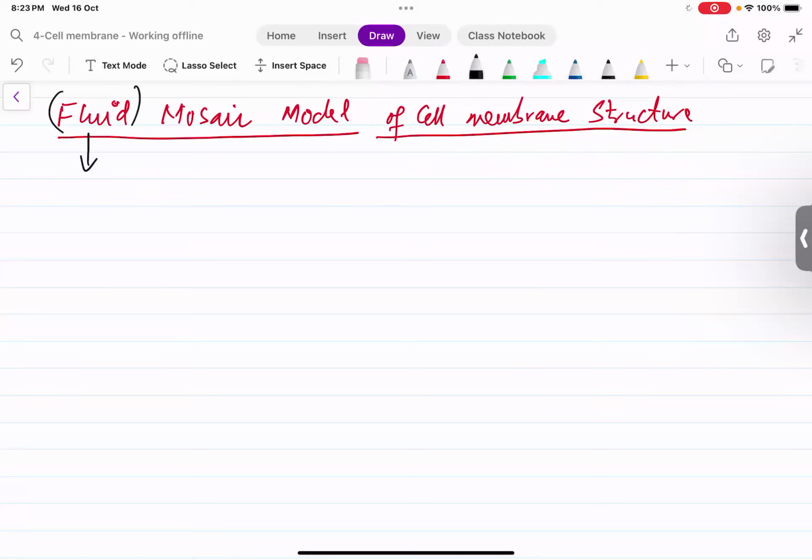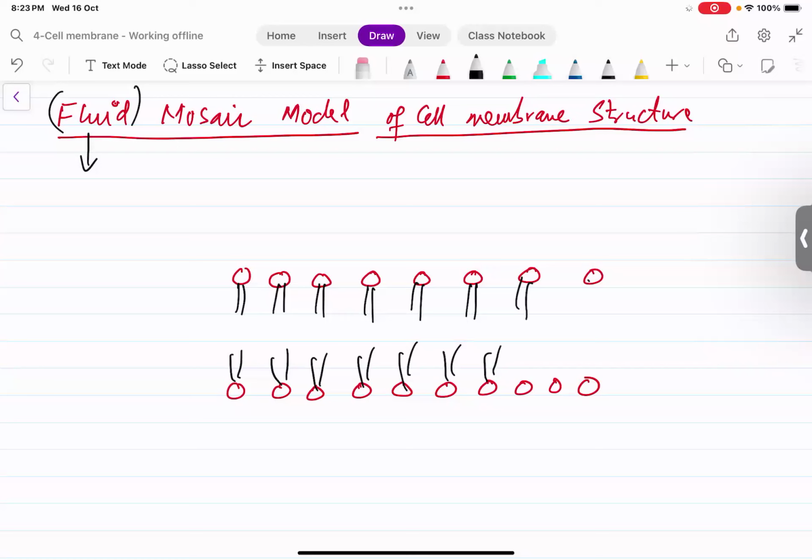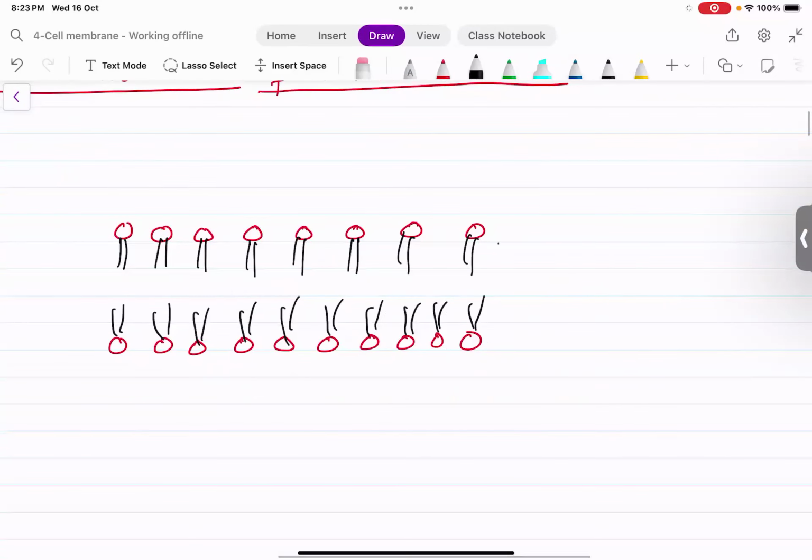So according to the fluid mosaic model, the phospholipid molecules are arranged in a bilayer in a cell membrane in such a way that the polar heads are outwards and the non-polar tails are facing each other and held together by hydrophobic interactions between these non-polar tails.